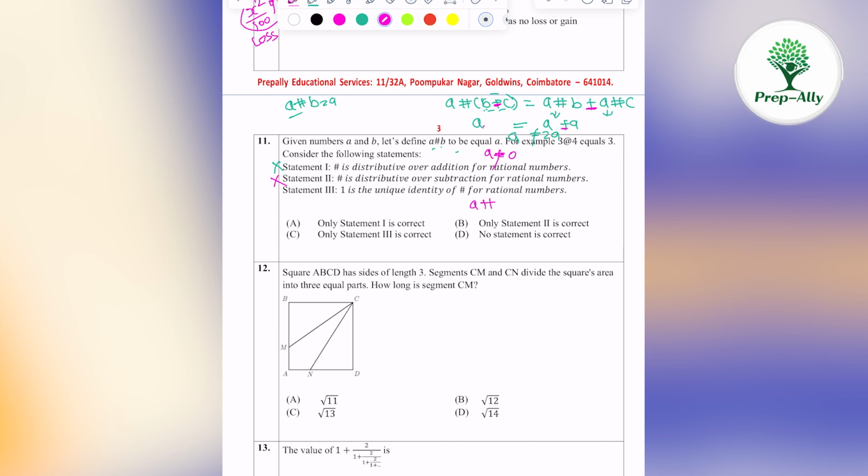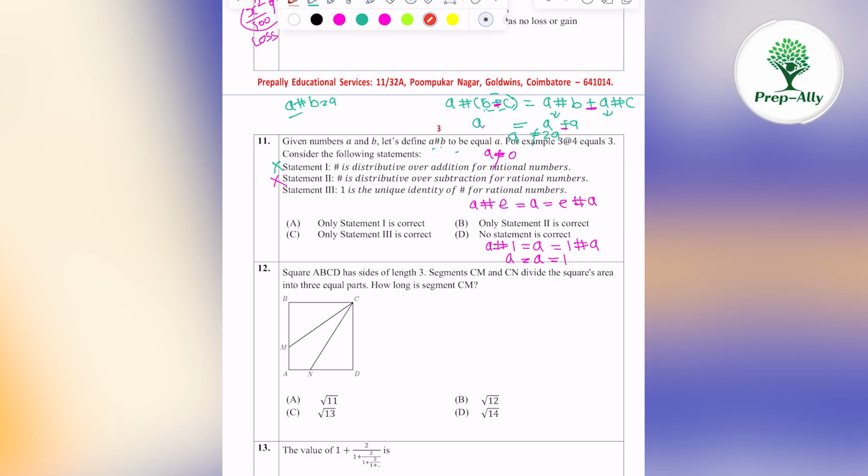A hashtag E, if E is the unique identity, then we get A, or E hashtag A. So if 1 is the unique identity, it means A hashtag 1 is equal to A, and also 1 hashtag A is equal to A. So this value is A, okay, it is fine, but from here we get A is equal to 1. And basically the unique identity is true for every number.